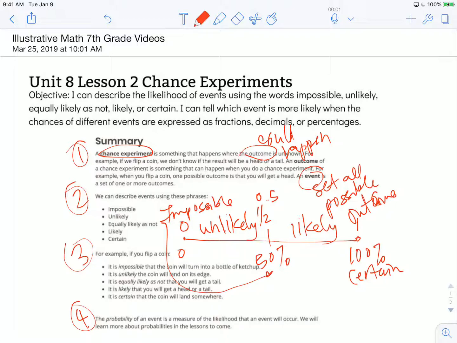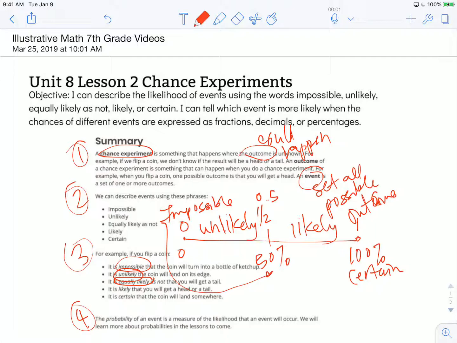For example, if you flip a coin, it's impossible that the coin will turn into a bottle of ketchup. So that will never happen. It is unlikely the coin will land on its edge. It could happen, but it's very unlikely, so it's probably close to 0. It is equally likely as not that you will get a tail. We know that if the coin isn't weighted or affected in any way, you're just as likely to get heads as you are to get tails.